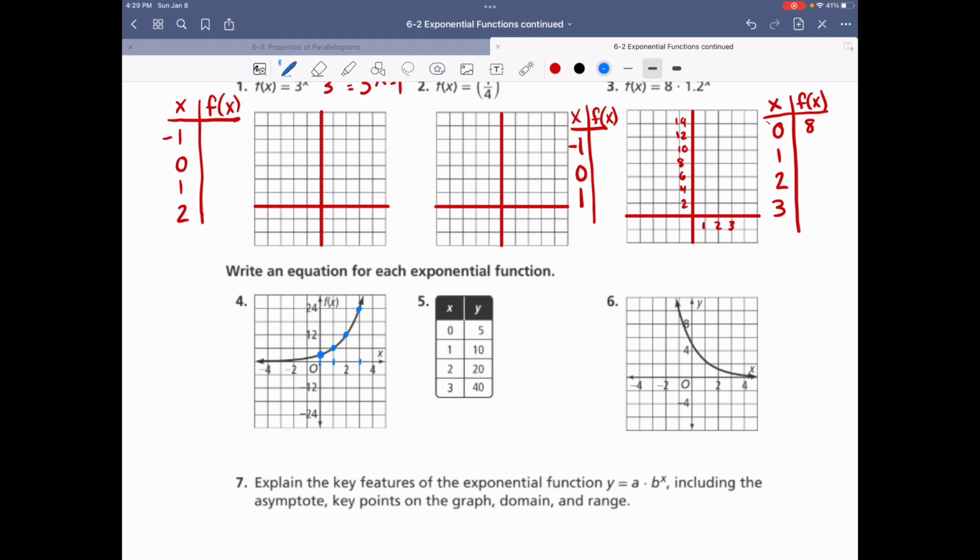So the initial value right here, if you look closely, it looks like we're counting by sixes, but this is in the middle. So that looks like 0, 3. And the next value is 6, so 1, 6. The next value is 2, 12. And the next value up here is 3, 24.